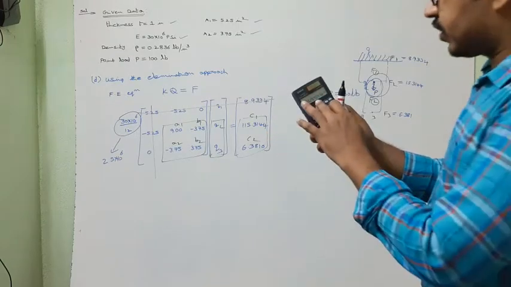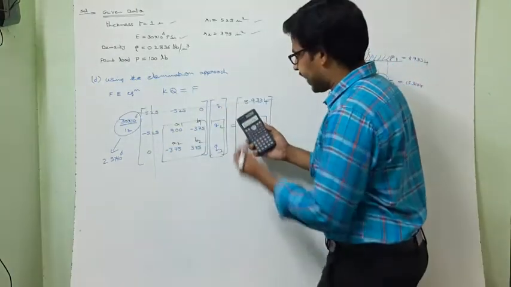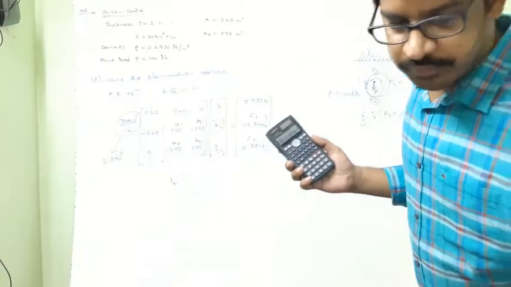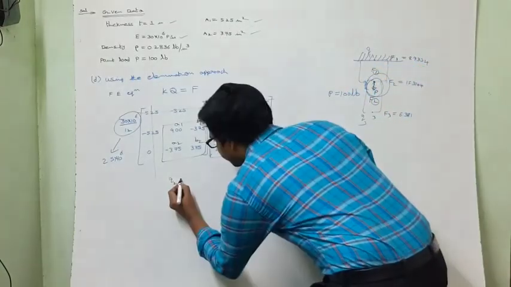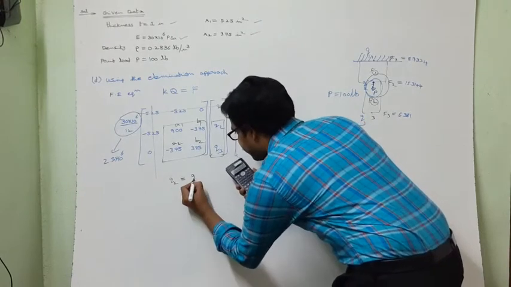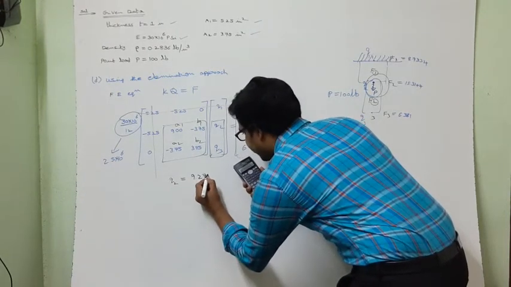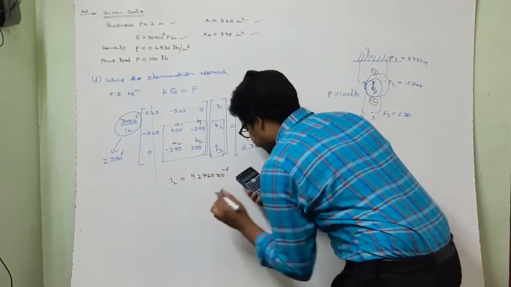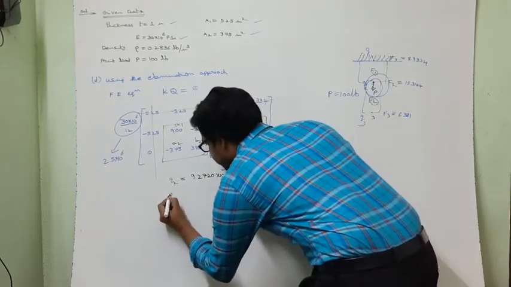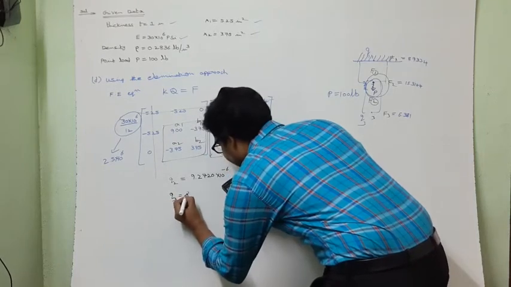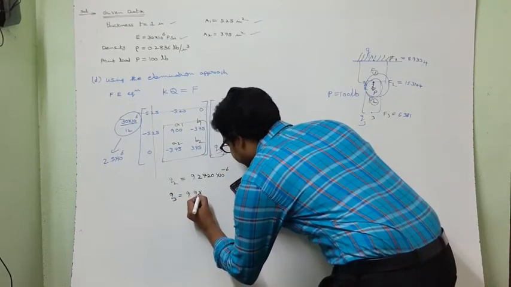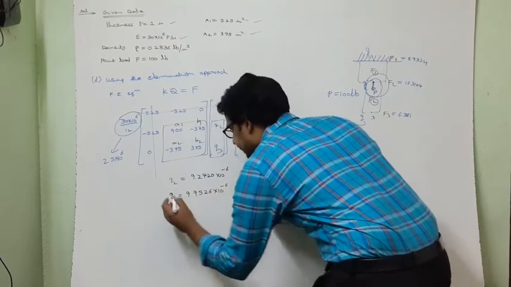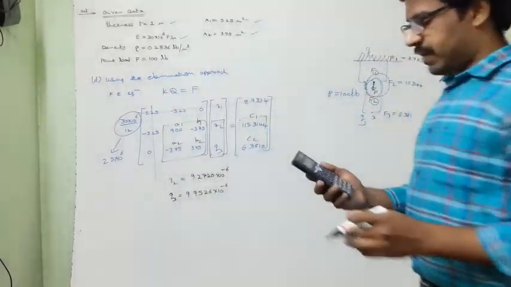So here the Q2 value is from the calculation, Q2 is 9.2720 into 10 power minus 6 and Q3 is 9.9526 into 10 power minus 6. These are the displacement vectors.